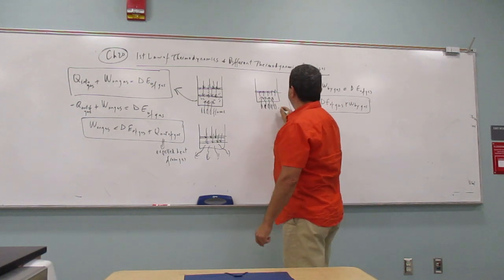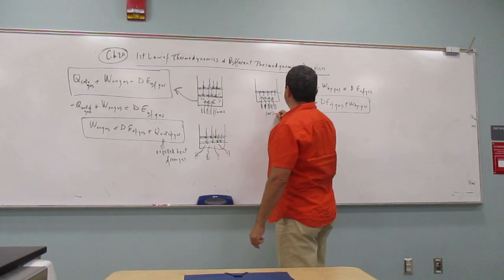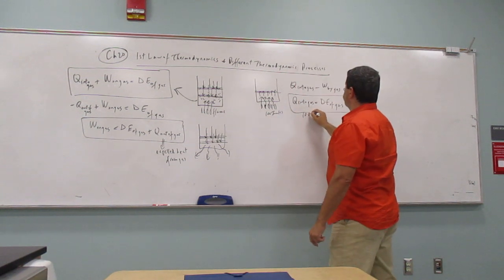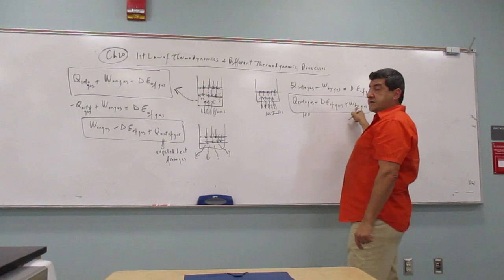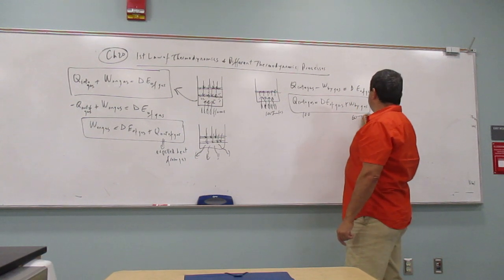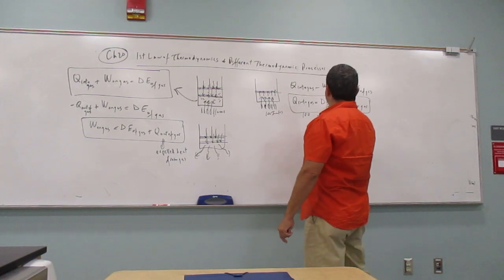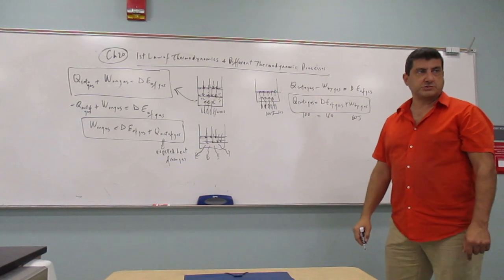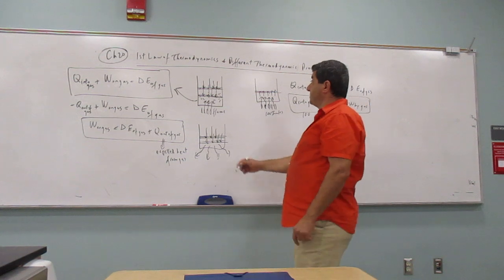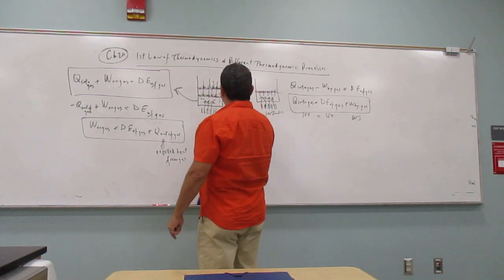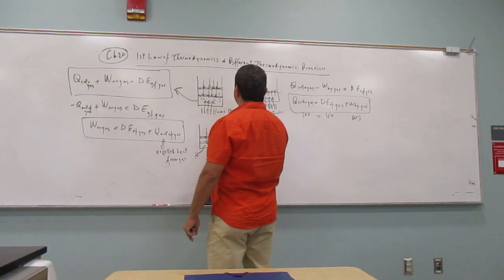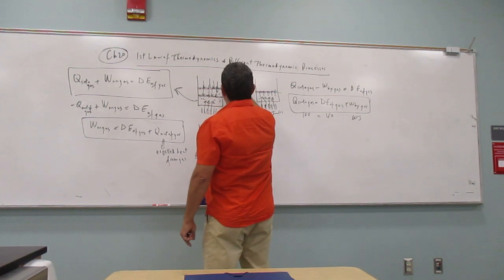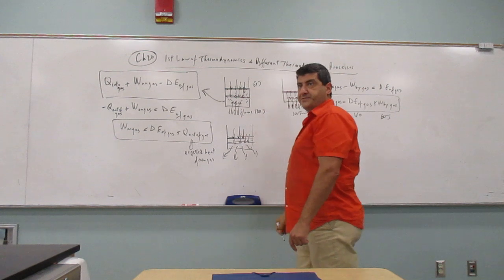So that means if you put in, let's say, 100 joules of energy, of heat energy, right? And if the gas did 60 joules of work, that means the internal energy of the gas will increase by 40 joules. Okay? Whereas here, maybe you put in 100 joules of energy, and you did 60 joules of work on the gas.